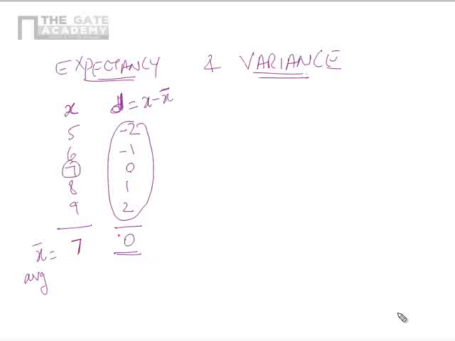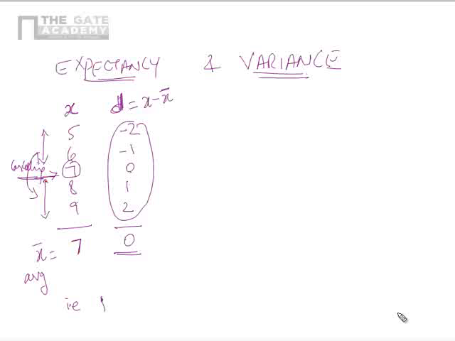So I get 0. That means the deviation above the mean and the deviation below the mean get cancelled by each other. This is the mean value of x, but we have values below the mean also, and above the mean also. These two are cancelling each other.